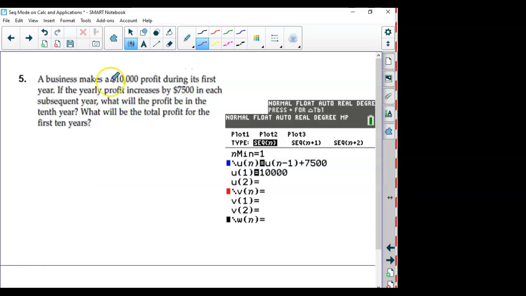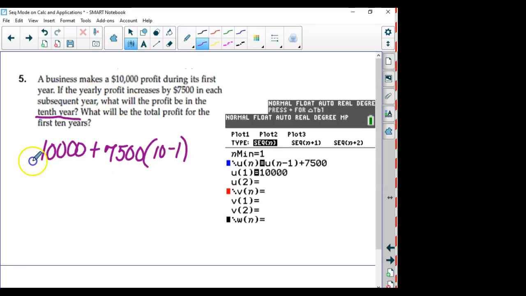So could you pretty easily find the 10th term without anything complicated? So I would have just said $10,000 is the first term, plus they are adding $750. They want to know the profit in the 10th year, so that would be 10 minus 1 times, we're going to add that.